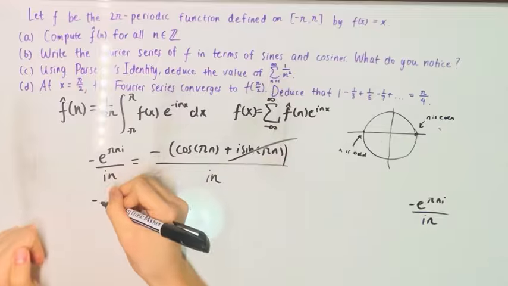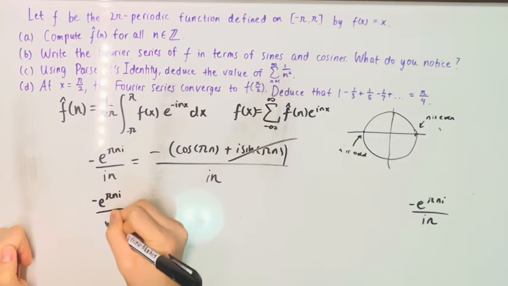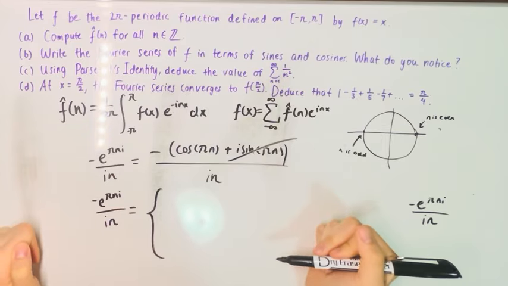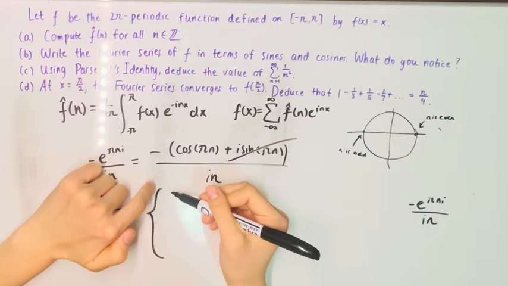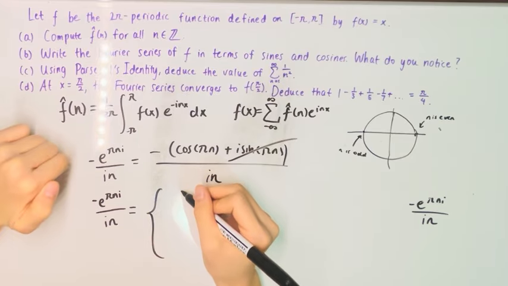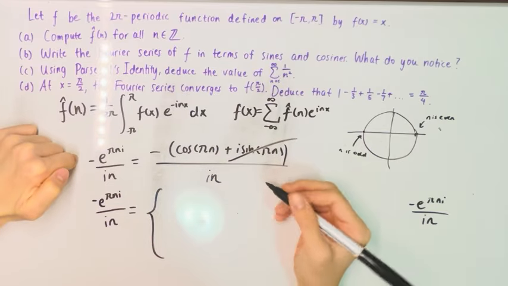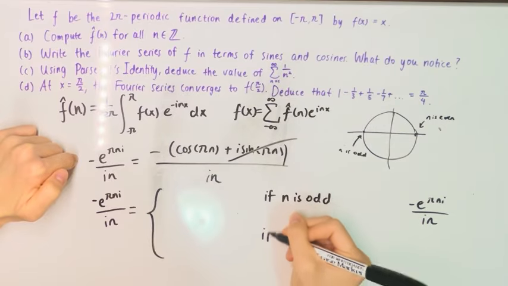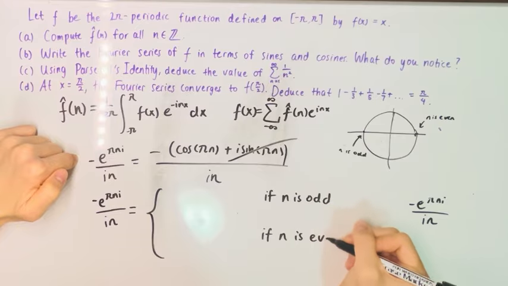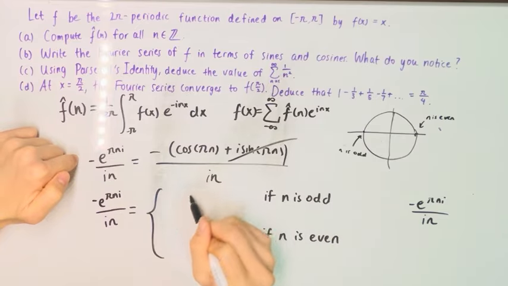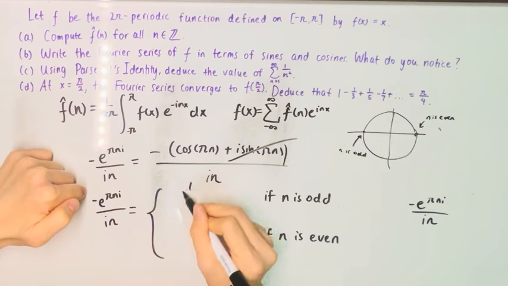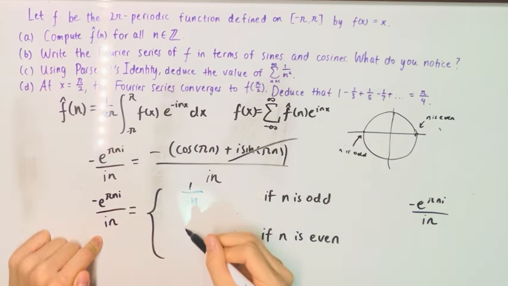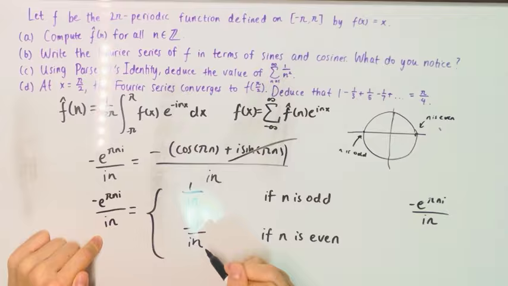So negative e to the pi n i over i n equals, let's have a piecewise. It's 1 over i n if n is odd, and negative 1 over i n if n is even.